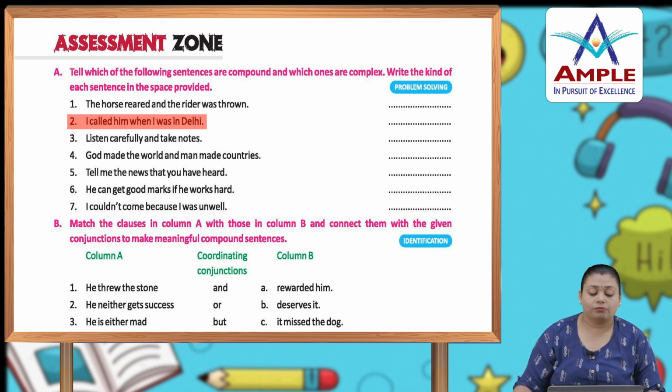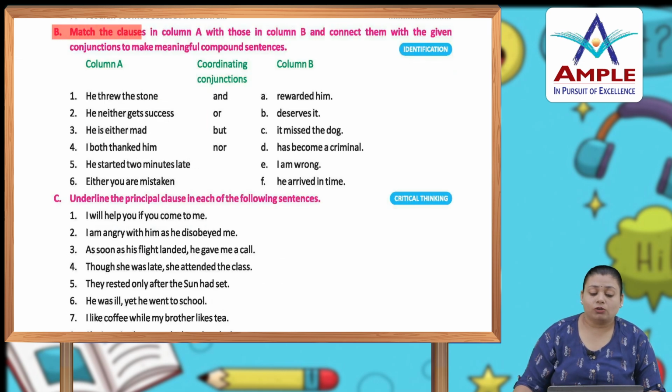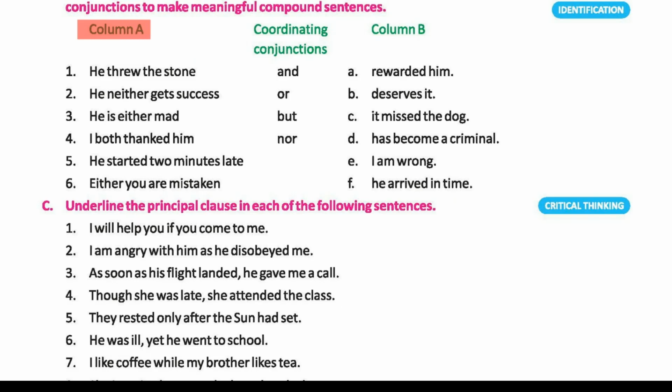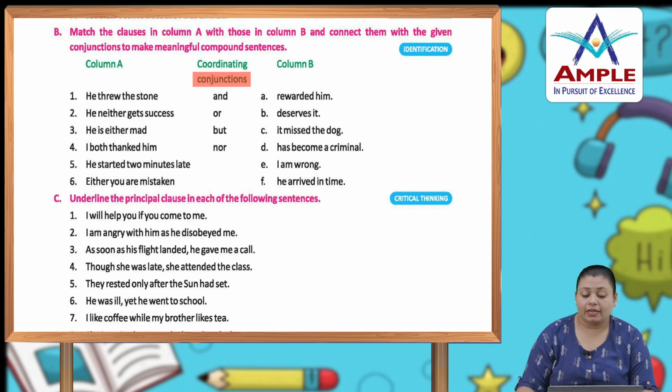Now moving to the next. Match the clauses in column A with those in column B and connect them with the given conjunction to make meaningful compound sentences. Number 1, column A: he threw the stone. Coordinating conjunctions: and, or, but, nor.